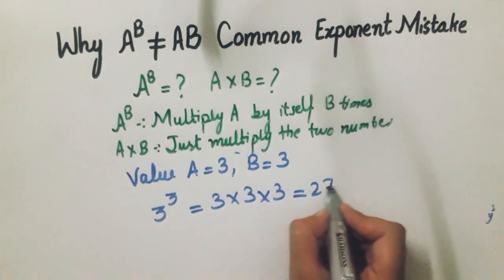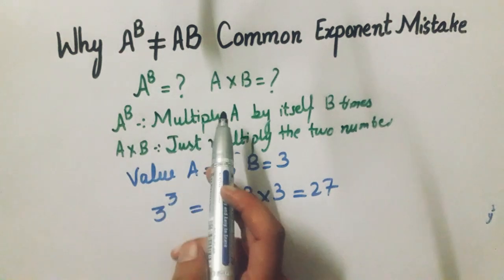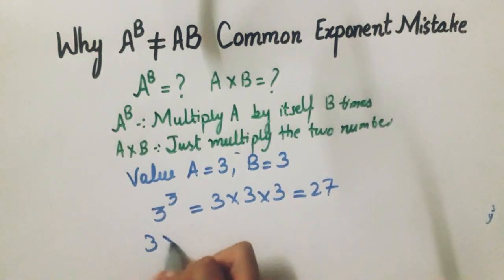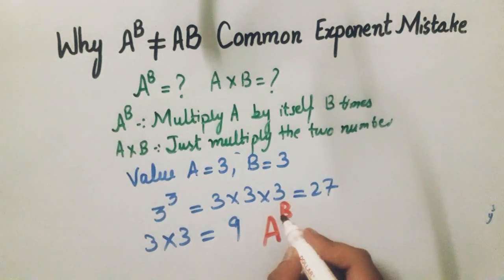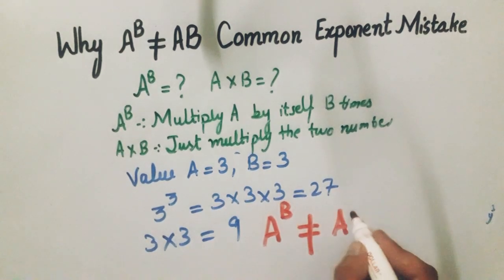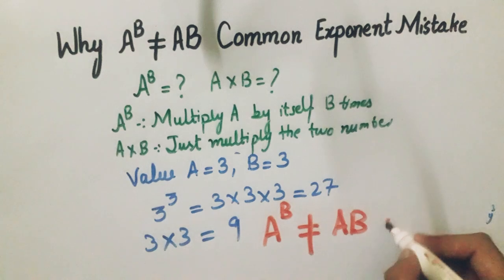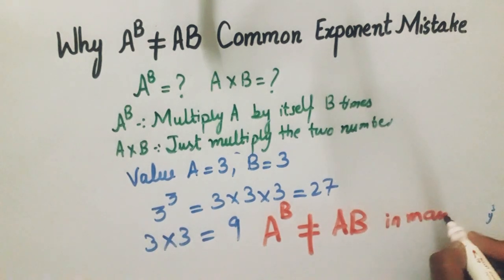So that equals 27. But in the right hand side we have a cross b. So 3 multiply 3, that will be 9. So you can see in general this equation will not be satisfied. So we will say that a raised to power b is not equal to ab in many cases.